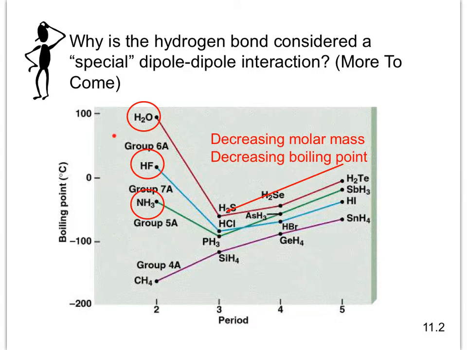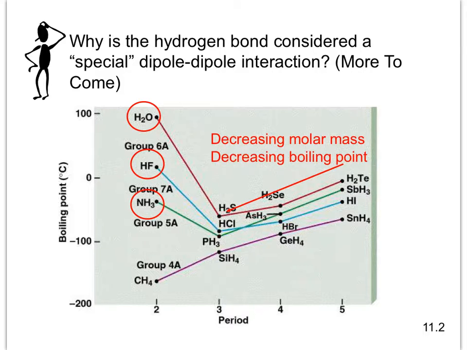But when we look at those 3 things that can hydrogen bond, N, F, and O, we get a much higher than expected boiling point. And notice water, because of the way that it's going to be arranged, because you have 2 lone pairs of electrons and 2 bonded atoms, you get really nice charge separation. It is the highest of all.